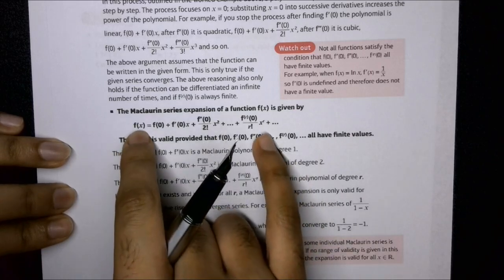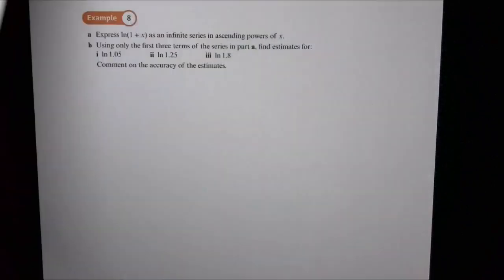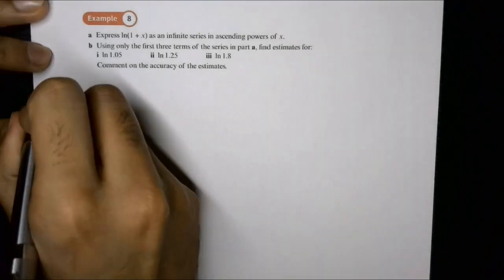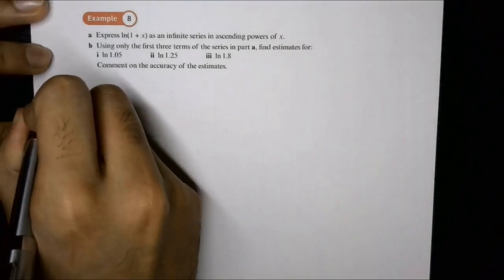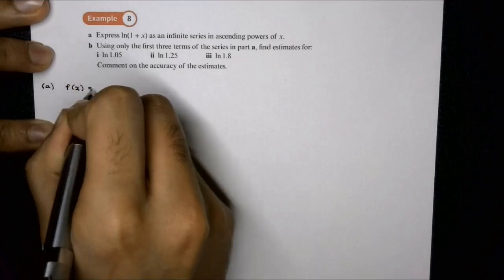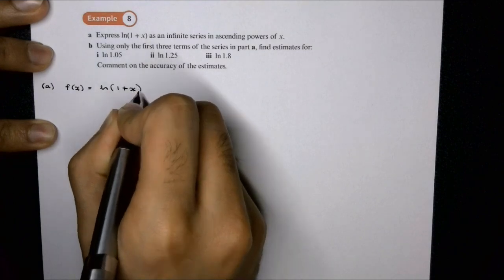This is the general form of a Maclaurin series. So if we apply our knowledge in this question, for part A, we begin with f of x, which is equal to the natural log of 1 plus x.